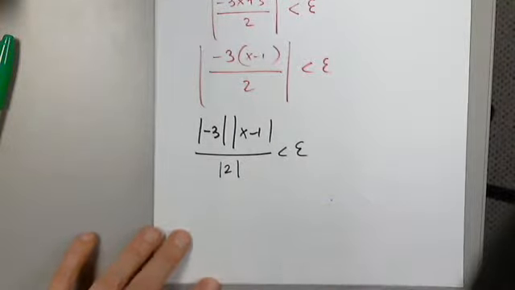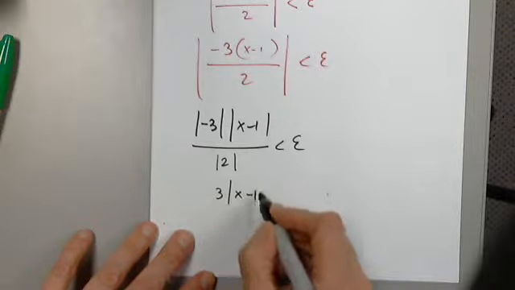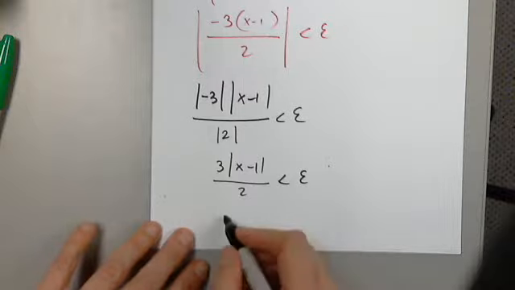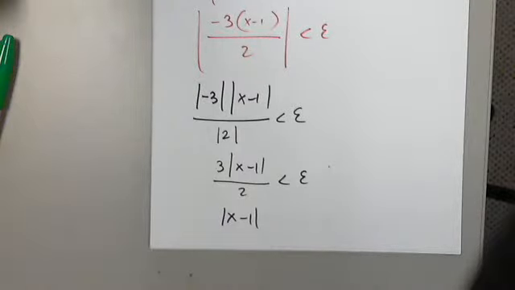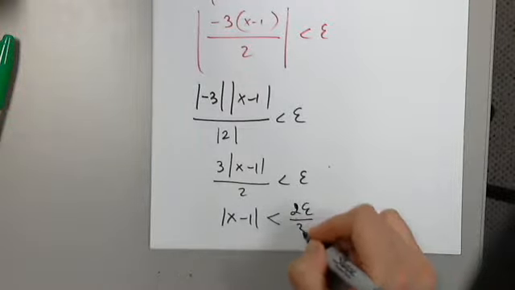Now I change the absolute value of negative 3 and the absolute value of 2 into 3, the absolute value of x minus 1 over 2 less than epsilon. And remember what I'm after. I'm after x minus 1 in absolute value on the left-hand side. Less than. What do I multiply both sides to have plain absolute value on the left? 2/3. So 2 epsilon over 3.